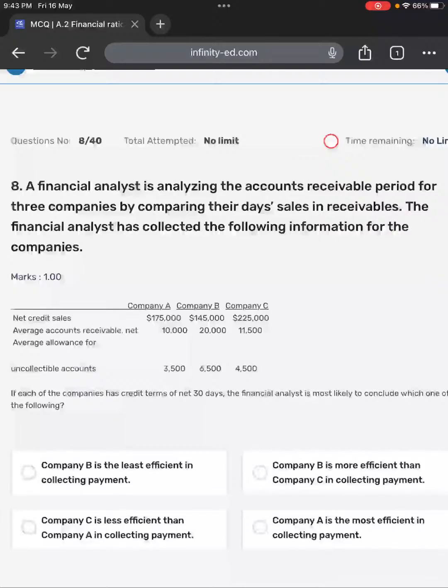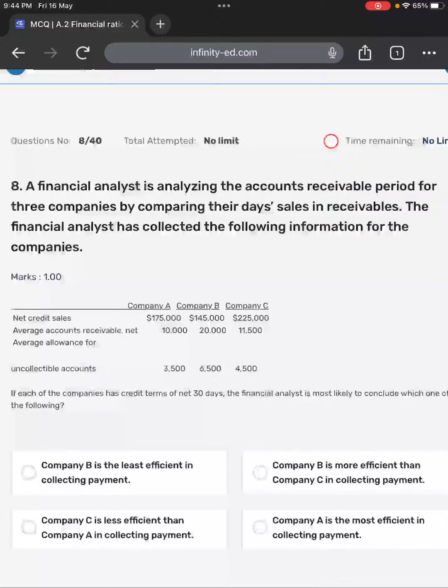And now we have to calculate day collections. B is the least efficient in payment and collection.